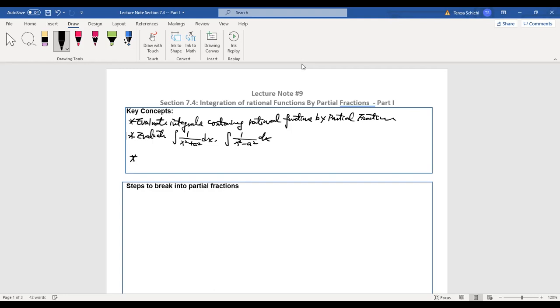How do we use the partial fraction to help us solve these problems here? Then the last topic we're going to talk about is evaluating integrals using another substitution, which we call rationalization, or rationalizing substitution.